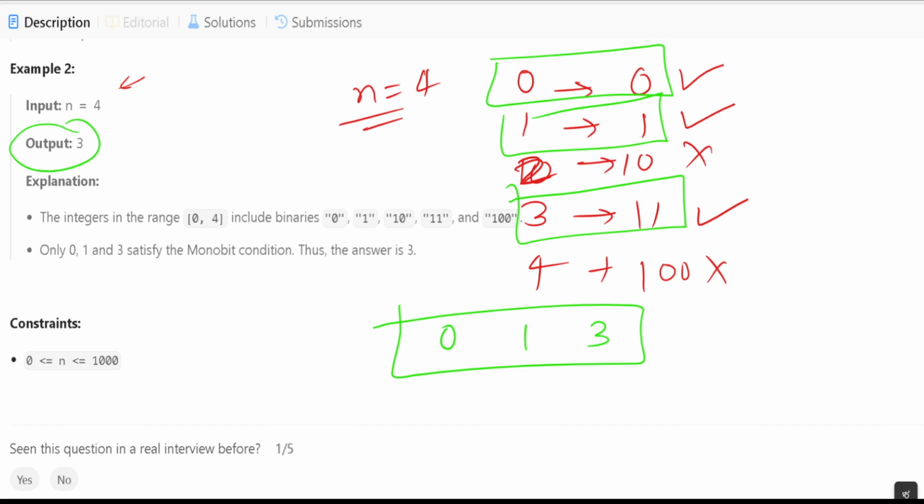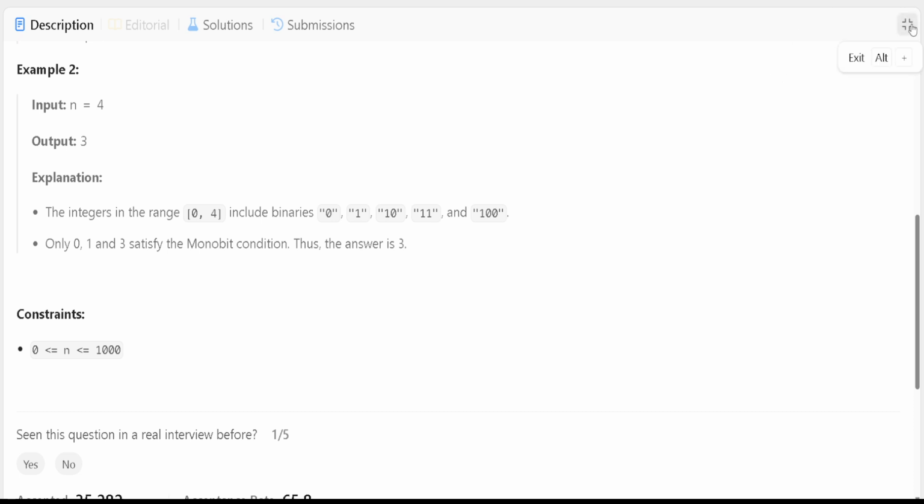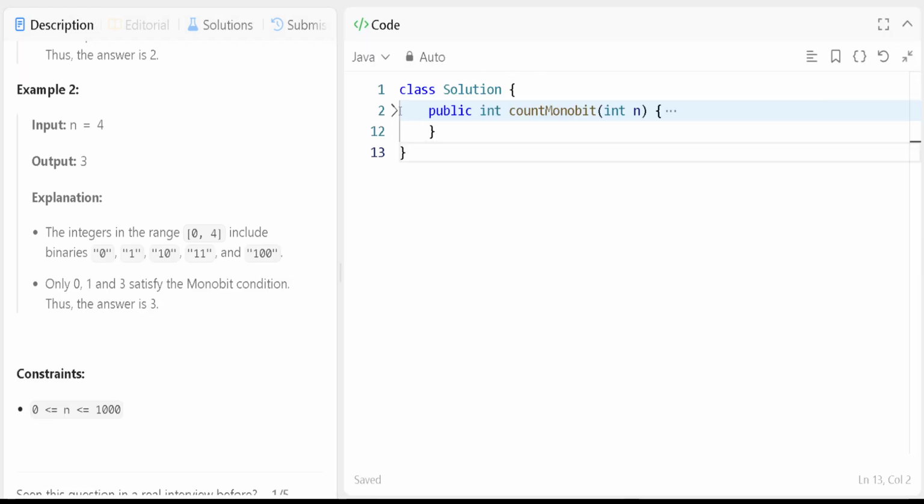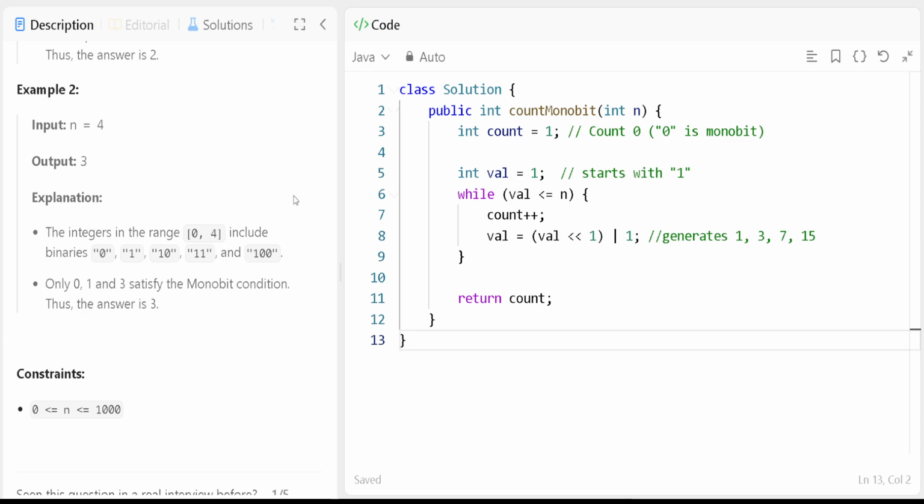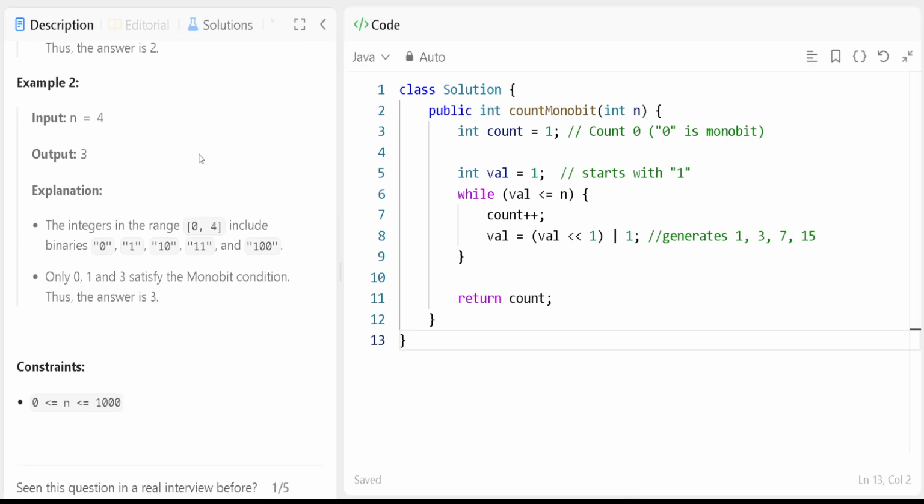Let's continue here. Let's go back to the code that we have to understand. If n equal to 4, so n is given. The very first thing is that we have to count, so we'll start from 1, because the count we have to take for 0, and 0 is a monobit, right?